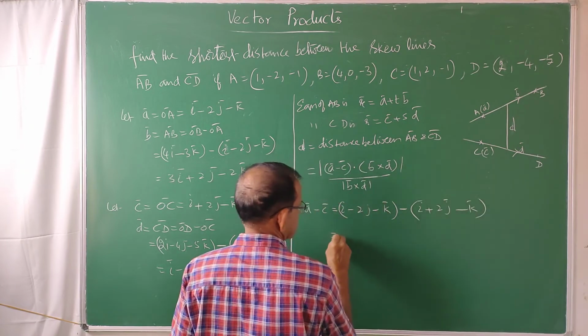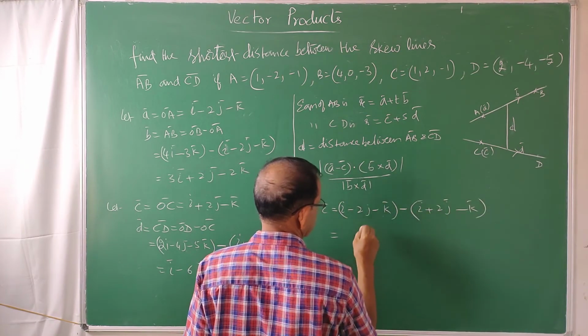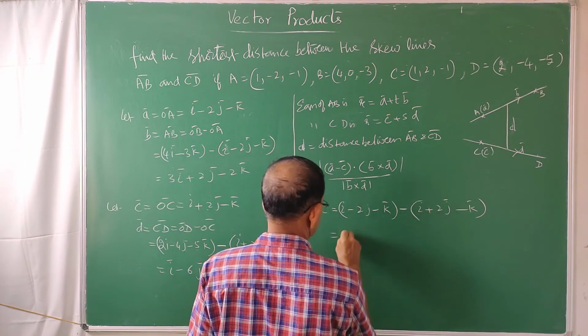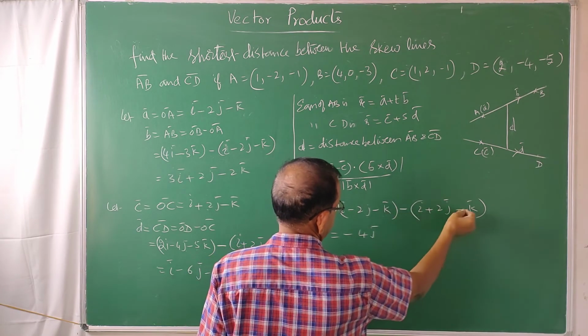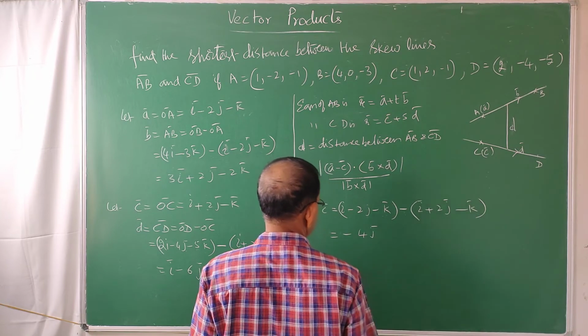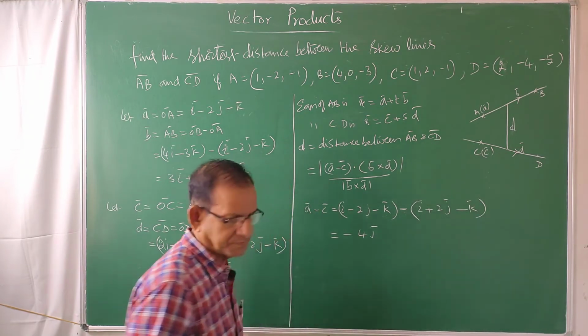So I minus I cancels, minus 2j minus 2j is minus 4j, and minus k plus k cancels. So only minus 4j bar remains.